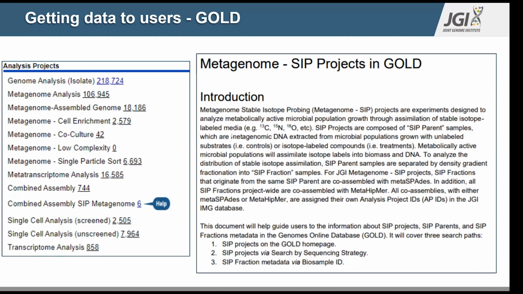And so we've been coordinating with GOLD, who have started putting combined assembly SIP metagenomes on their platform here. There's 6 currently, and there's a handy help document to help orient users to this data.